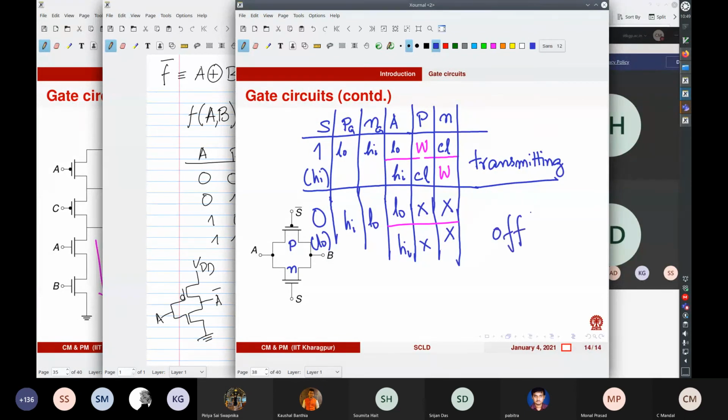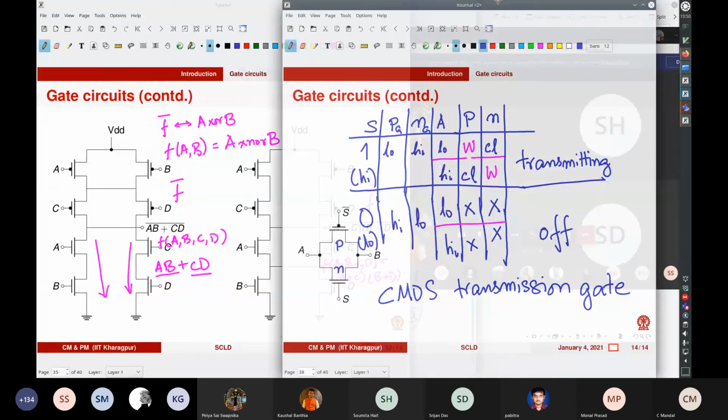So that's why it is called a transmission gate. It is called a CMOS transmission gate. So that is how this CMOS transmission gate works.